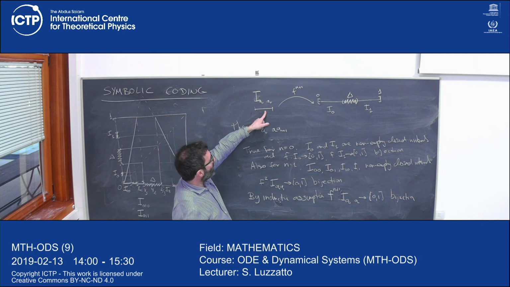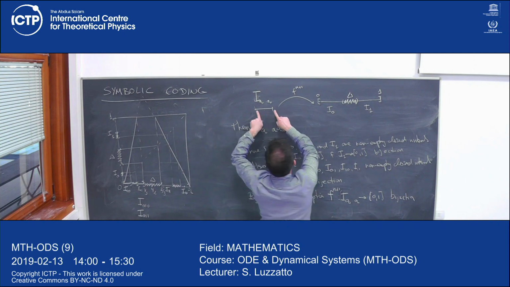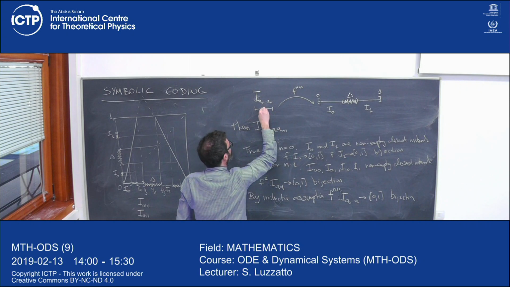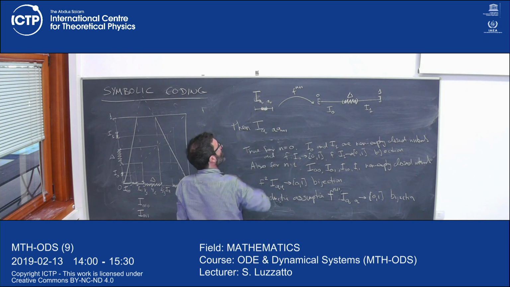That means that this interval here, we can chop it, and because this is a bijection here, it means there will be some smaller interval here, right?